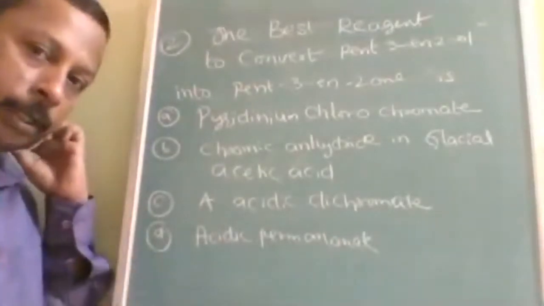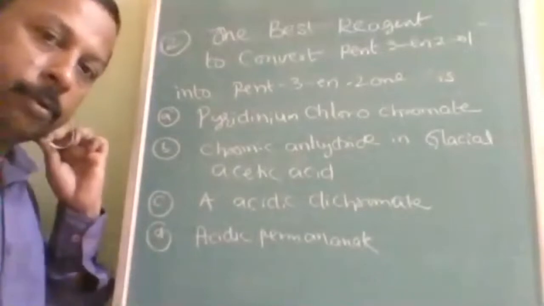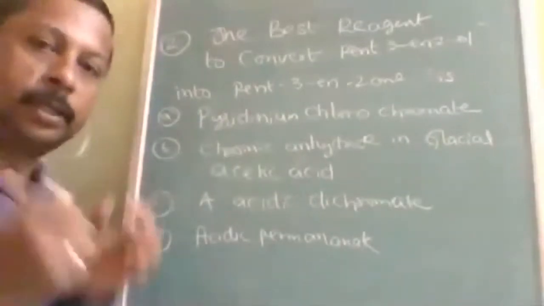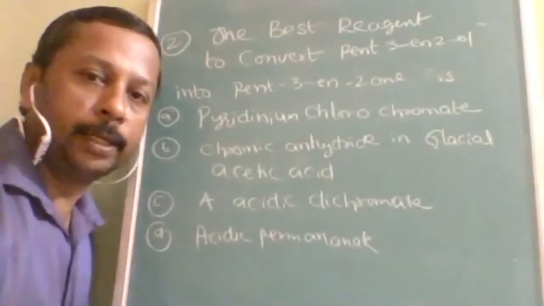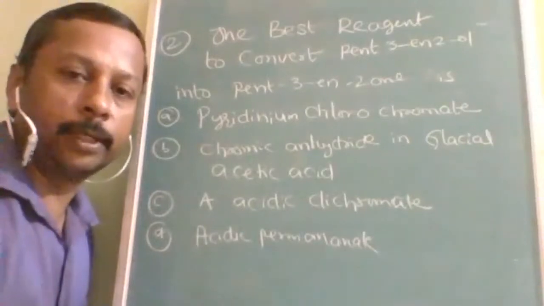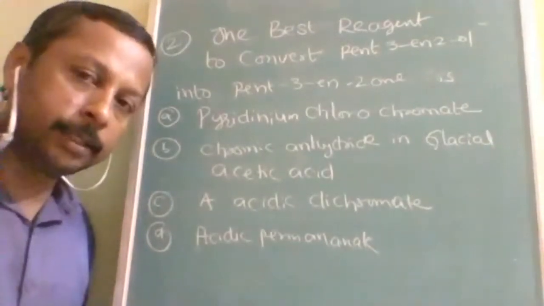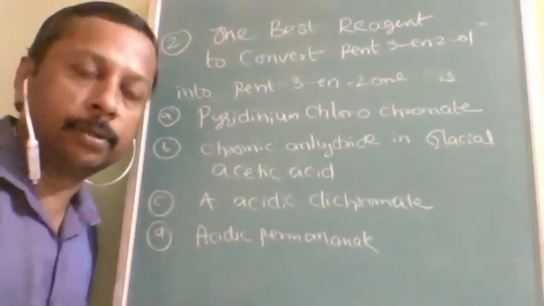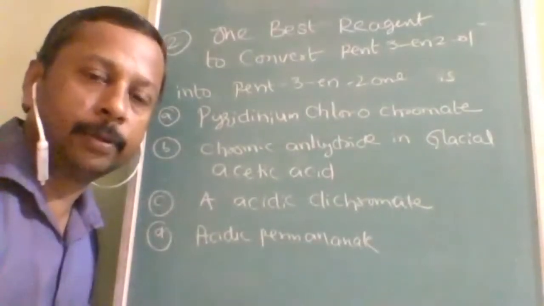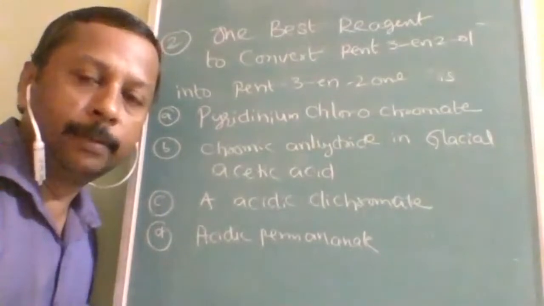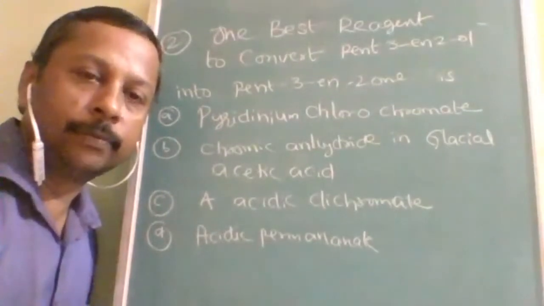We want to convert pent-3-ol into pent-3-one. This comes in the preparation of ketones as well as in the properties of alcohols, two chapters. So you will be perfect here if you have studied both the chapters.